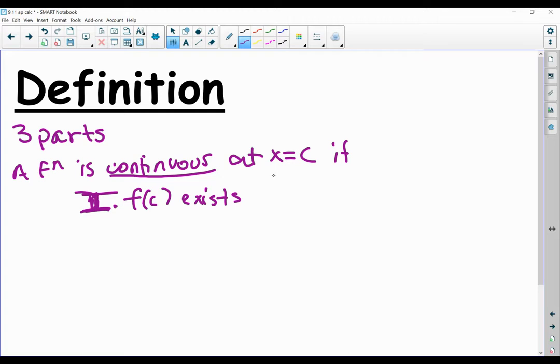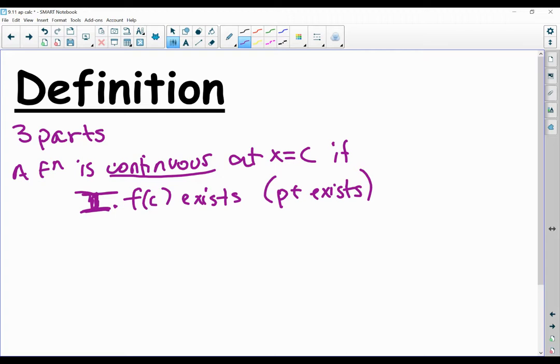In layman's terms, the point exists and the function has a value. If I'm looking at x equals 1 and I plug 1 into the function, I'm going to get something out. If you think about asymptotes, those are places where the function doesn't have a value, where f of c does not exist, or holes where f of c does not exist.